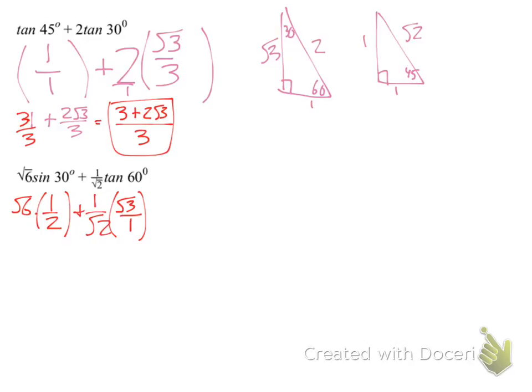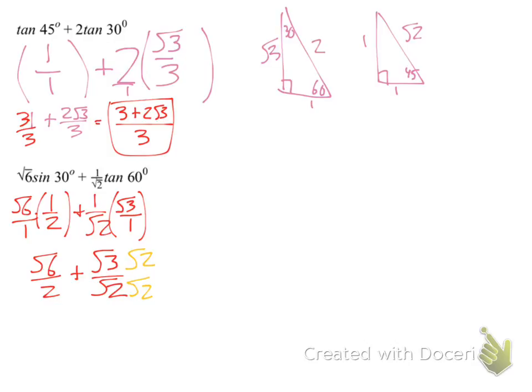And now it's just going to multiply. If you remember, square root of 6 is really square root of 6 over 1. So I end up with square root of 6 over 2 plus what? Square root of 3 over square root of 2. I don't like the square root of 2's, so I'm going to multiply top and bottom by square root of 2.